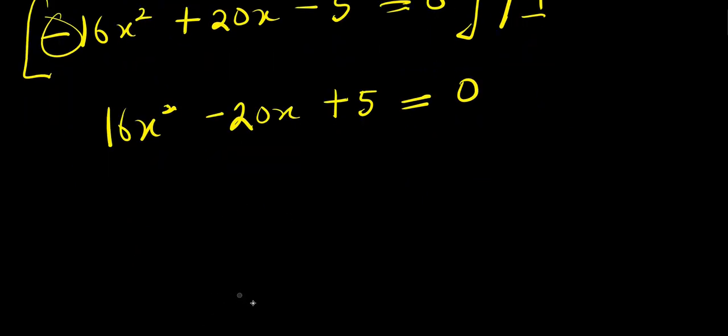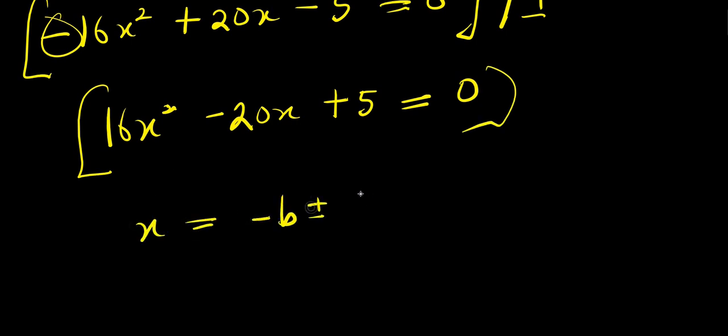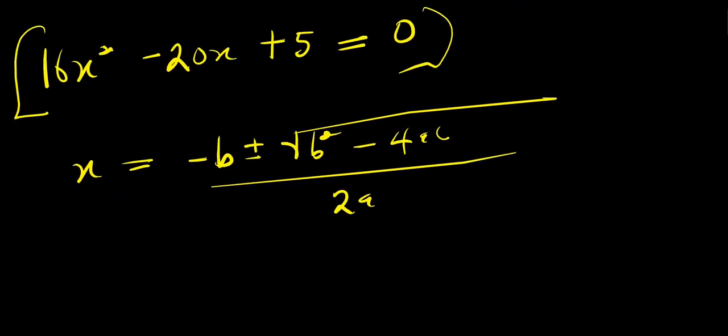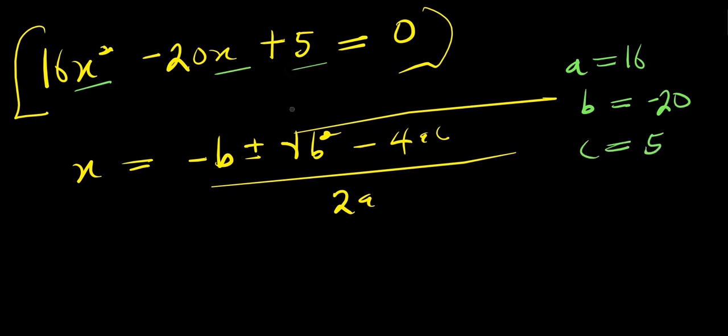Now, we need to solve this quadratic equation using the formula method. x equals negative b plus or minus square root of b squared minus 4ac, divided by 2a. So right now, our a equals 16, which is the coefficient of x squared. b equals negative 20, which is the coefficient of x, and c equals 5, which is the constant.